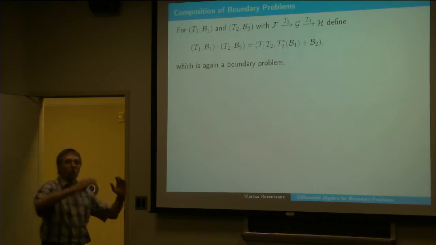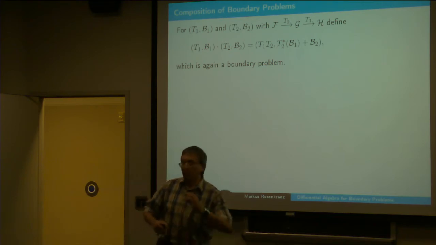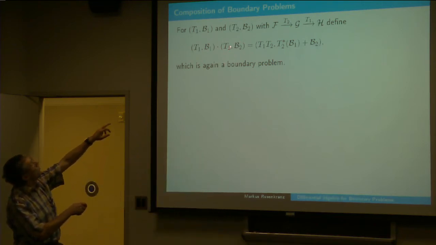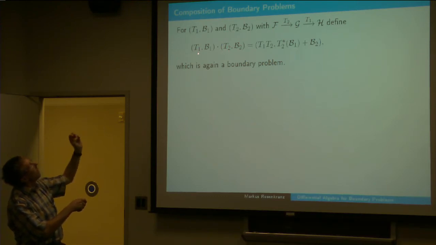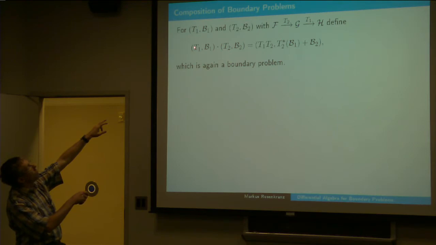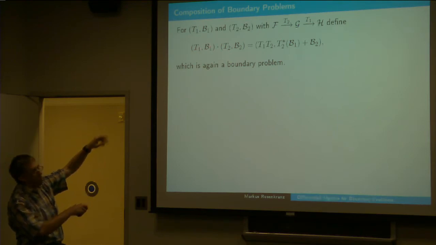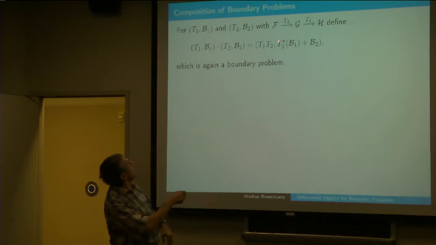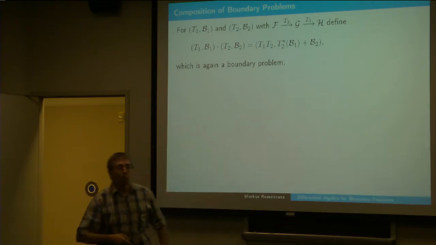So if, for instance, T2 is a second derivative, then it will replace every occurrence of U in the boundary conditions here by U double prime. It is natural because this will increase the order of the boundary conditions to the order of the product.